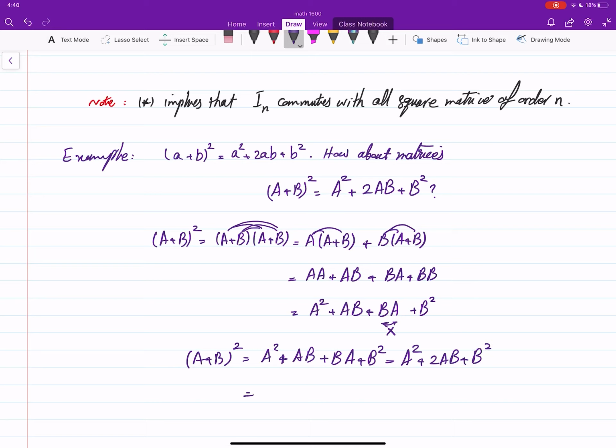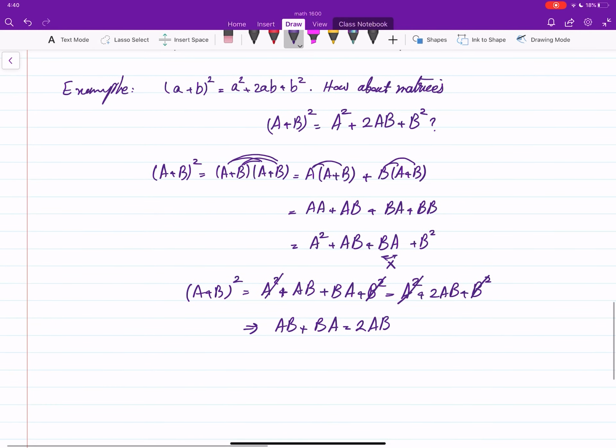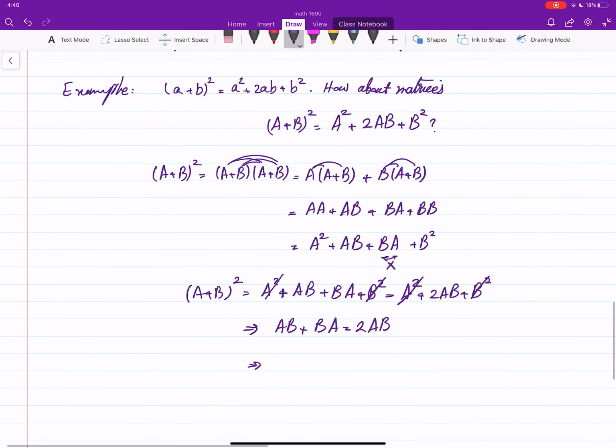Then we can subtract both sides by A squared, so these two cancel. By B squared, these two cancel. AB plus BA equals 2AB. Then I can subtract AB from both sides. Then we get BA is equal to AB.